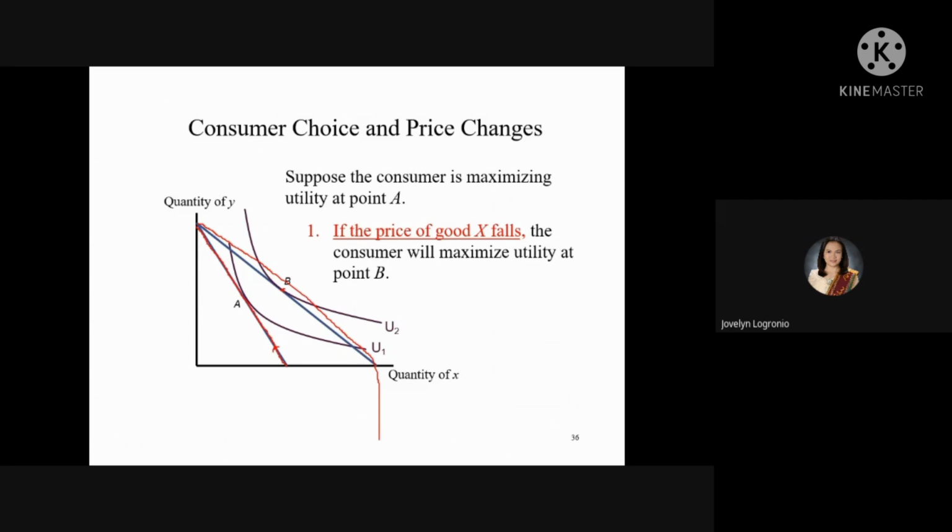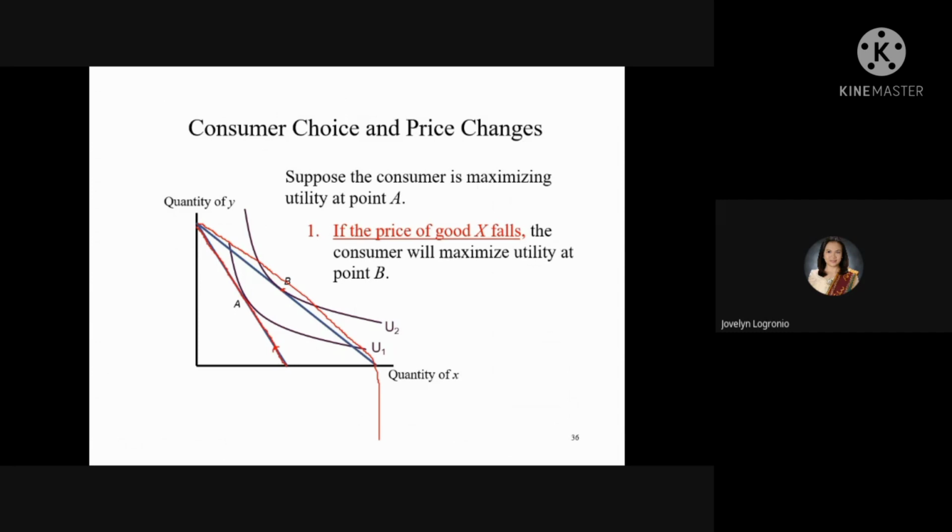What happens to the quantity of X, diba? Since the price of X now decreases, then by substitution effect, anong mangyari? The consumer will buy more X because mura ngayon si X. Then, by income effect, anong mangyari?